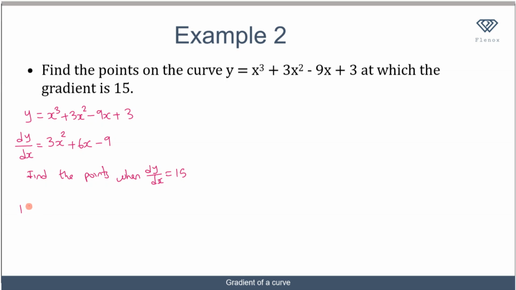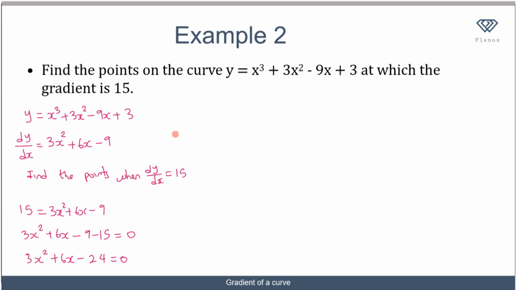So that becomes 15 is equal to 3x squared plus 6x minus 9. So what am I left with? I have 3x squared plus 6x, then minus 9 minus 15 is equal to 0. And that becomes 3x squared plus 6x minus 24 is equal to 0.